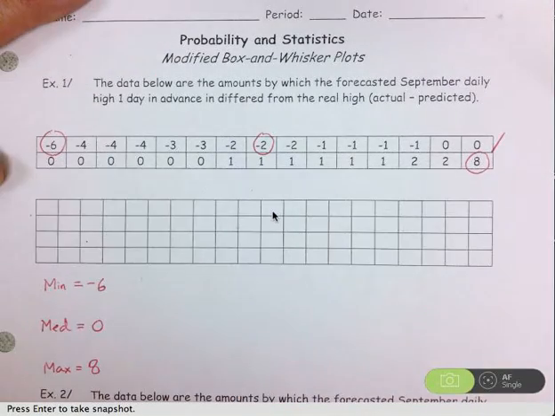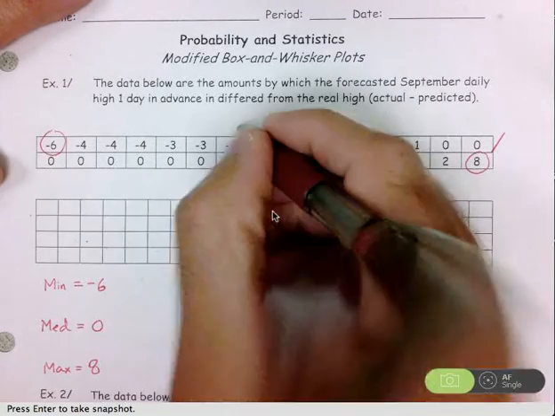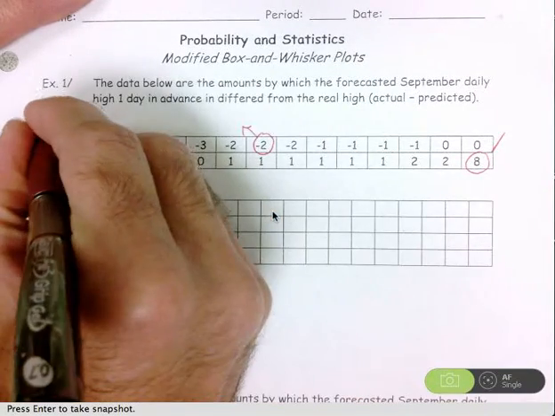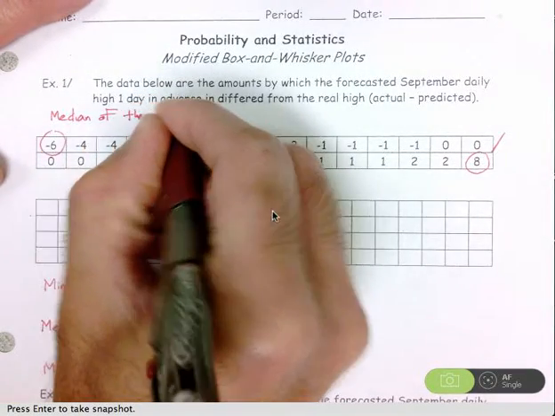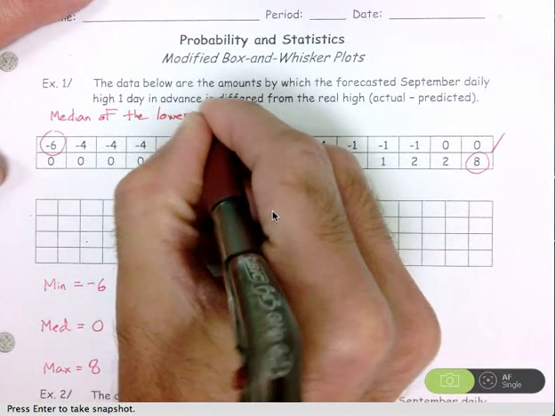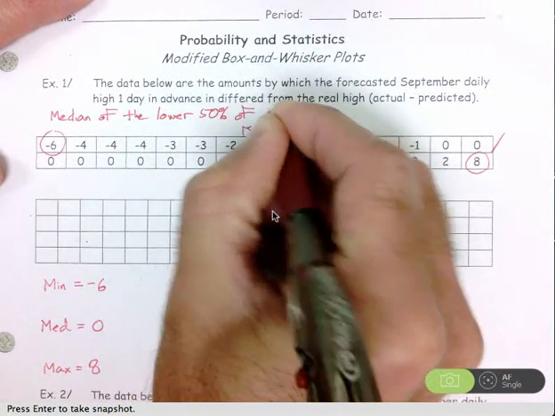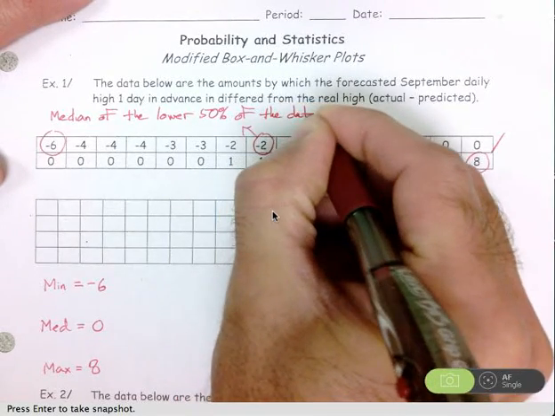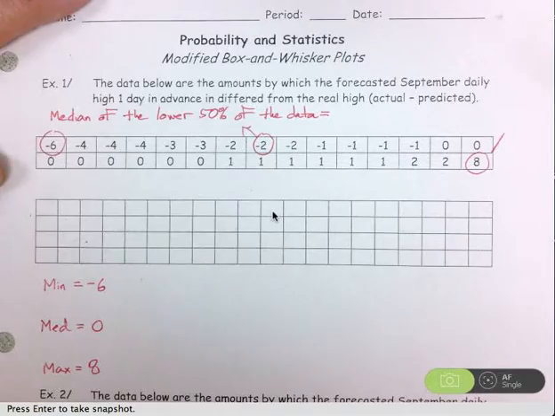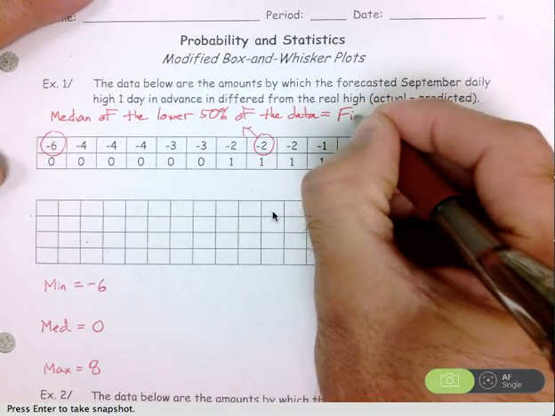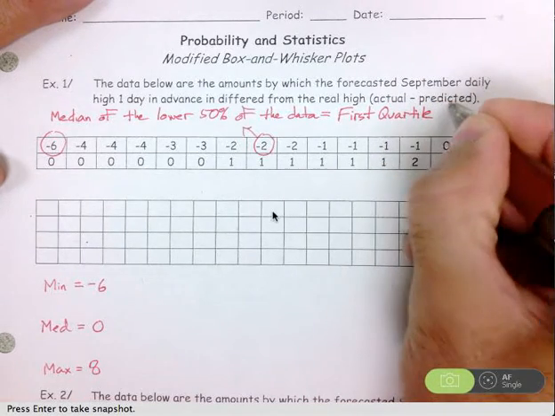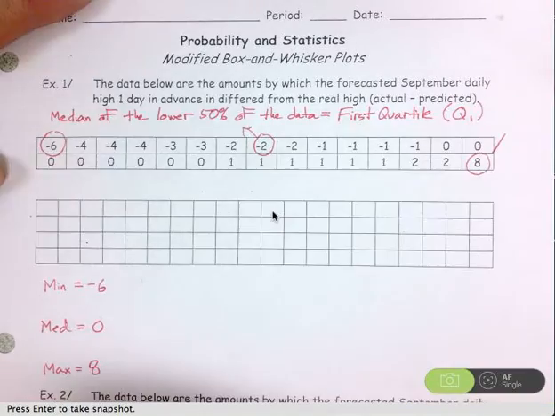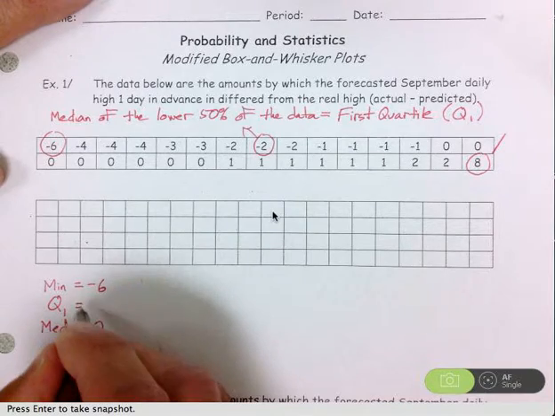Literally, what you have found is the median of the lower 50% of the data. This is called the first quartile, and we usually abbreviate it as Q sub 1. That value is -2, so I will write that in here.